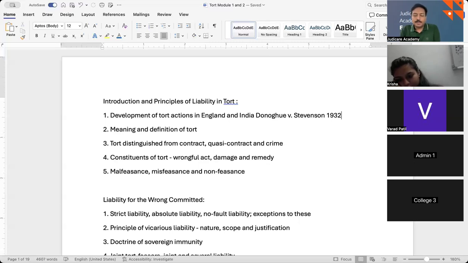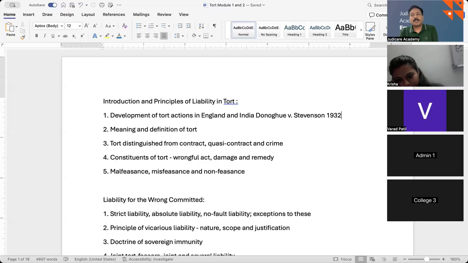So once again, I'll quote some very good examples so that it completely reinforces in your mind. For example, malfeasance. A standard example given by the book is a city police officer using excessive force during an arrest. So intentionally causing hurt. If you read the CrPC or the BNSS, it is very clearly written there that necessary restraint has to be used when the police is arresting somebody, taking them for a medical examination, or doing an interrogation.